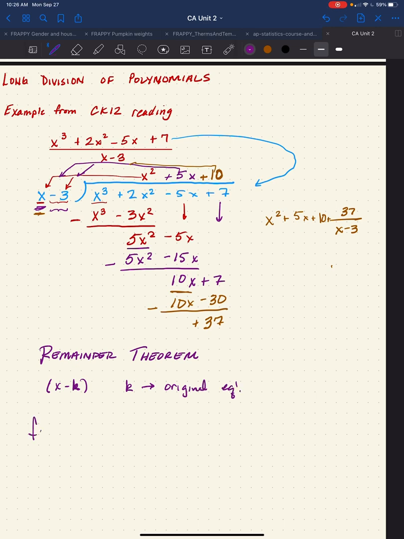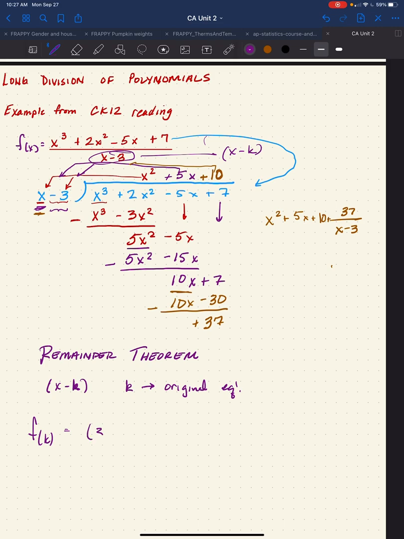So we're going to take f of k, basically. You could think of it like that, because if f of x was this guy on top, just the top part, then we would evaluate that at 3 for our particular example, because down here, that's the x minus k. So k is going to be 3. So I'm going to evaluate my original function at 3.